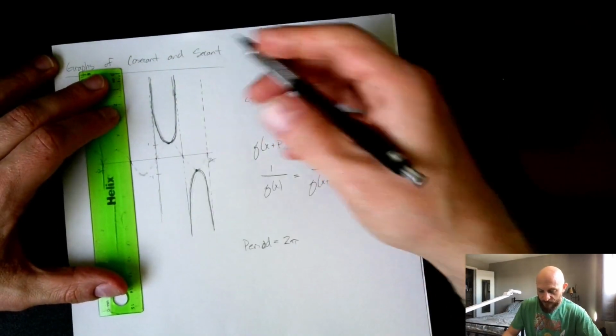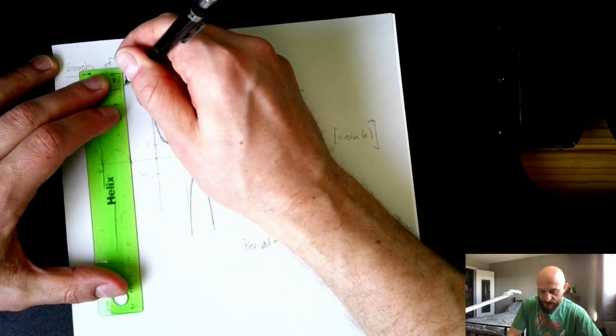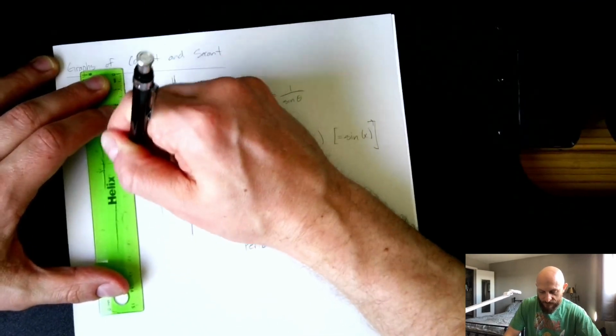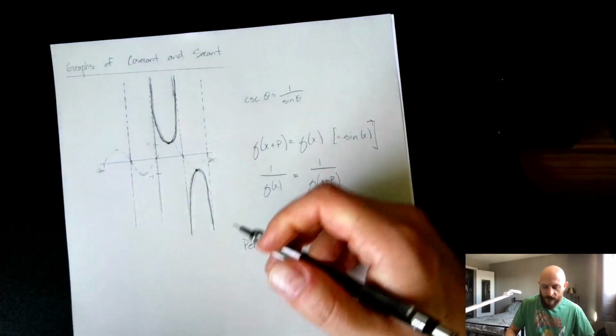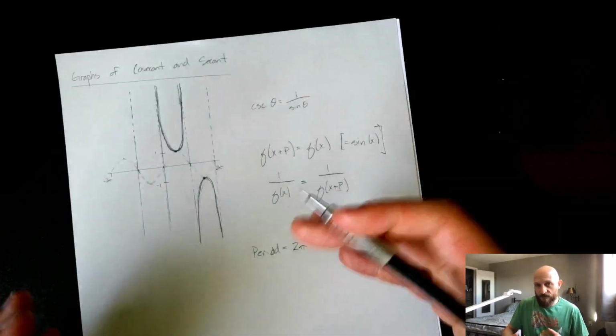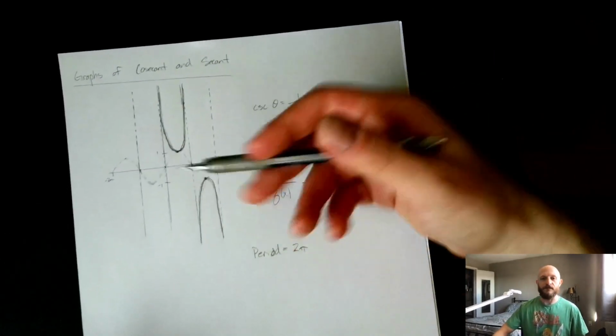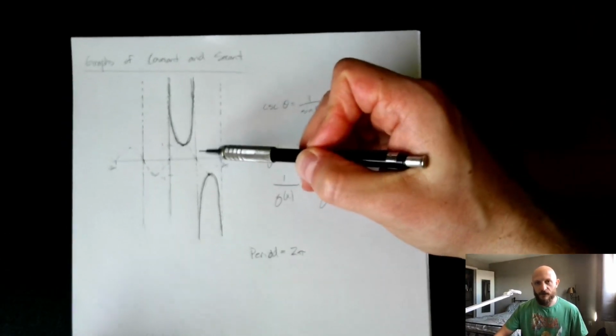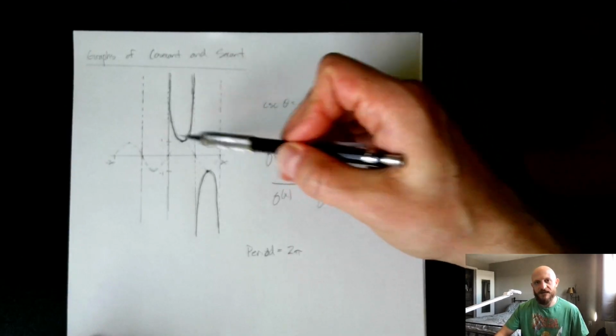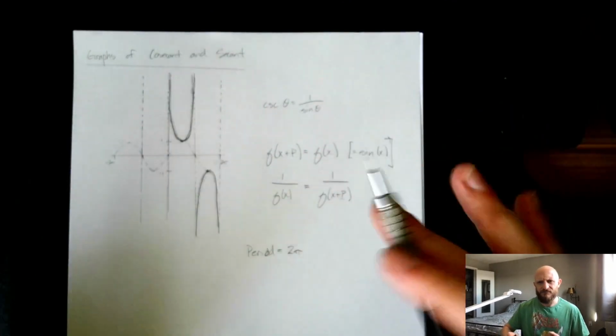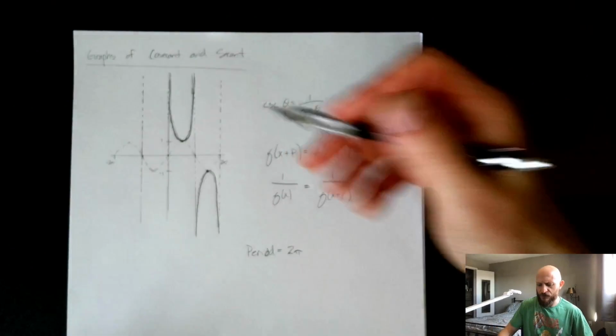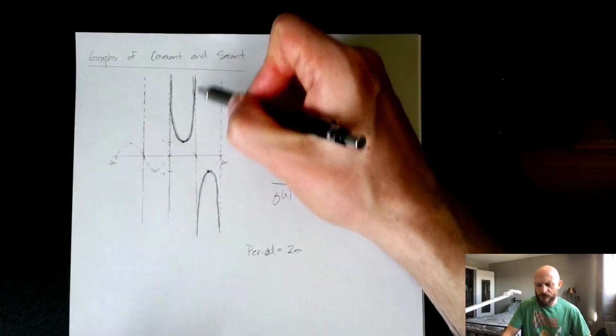And we can keep going in the other directions. Maybe I'll just put one more branch here, just so we can see how it looks. It's just these U's. And the way that I remember what these look like is that cosecant has this repeated U-like look to it. But you think about where the U's come from.